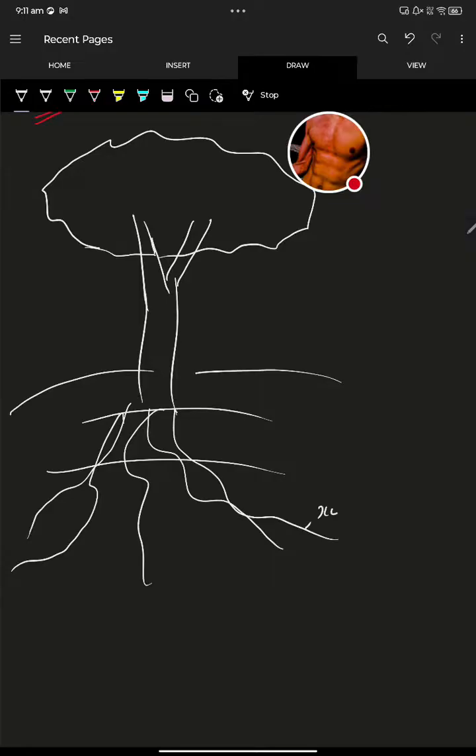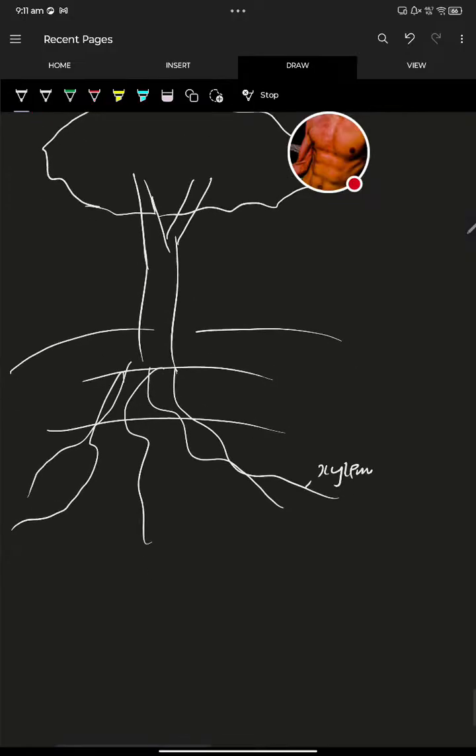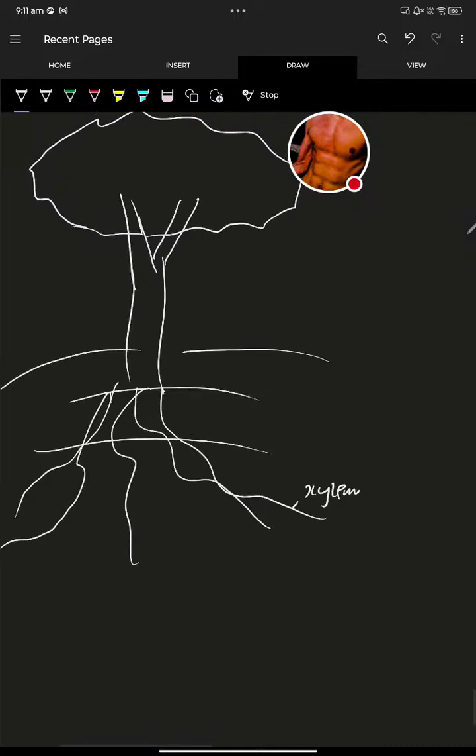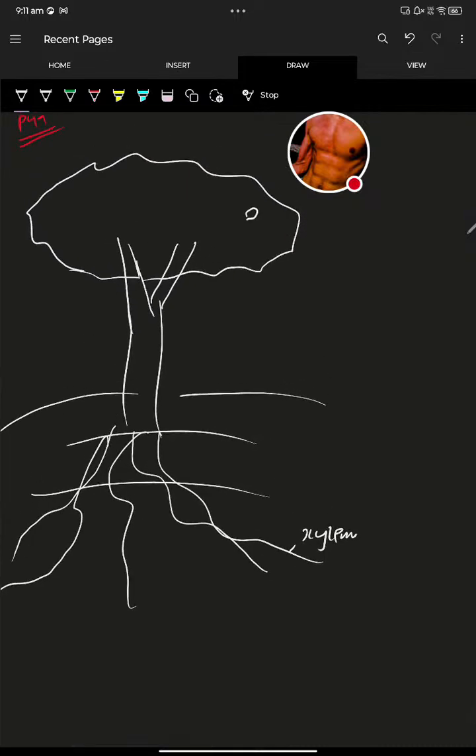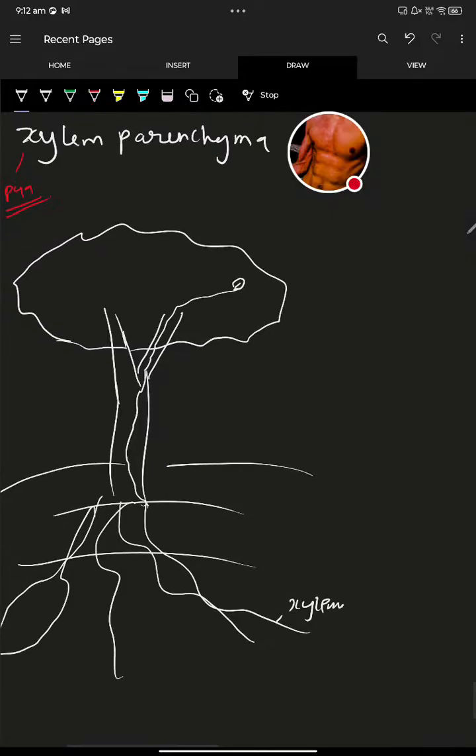In the xylem there is a ventricle canal. Then supposedly this is the leaf, and this xylem is connected to this leaf. You would assume that parenchyma has life but not the sclerenchyma.